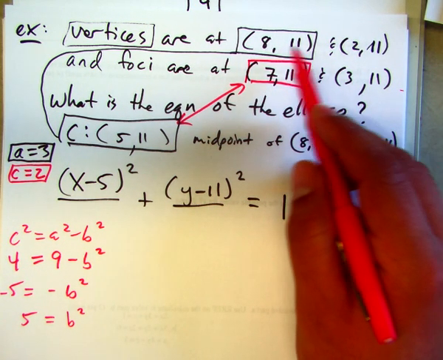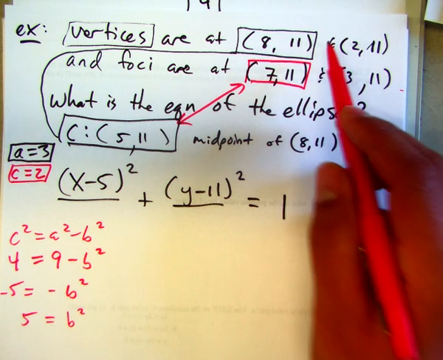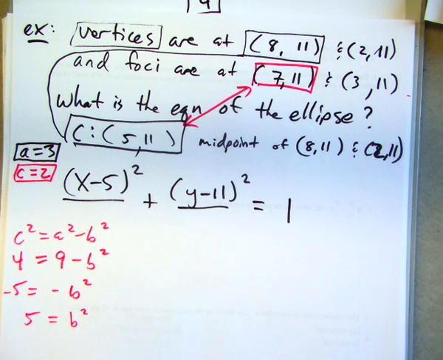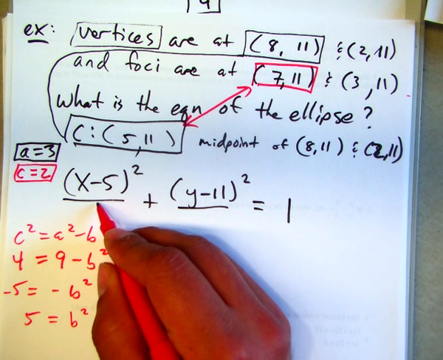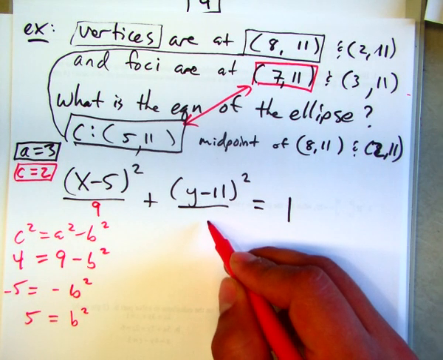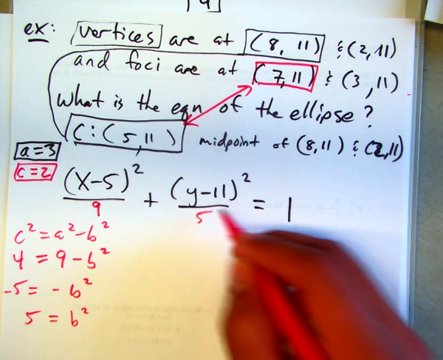The X. So the vertices are on the X. Does that make sense? The foci are along X. So A has to be along X. So this number down here should be what? 9. Very good. And then what's the other number here? One is A squared. The other one has to be B squared. So 5.